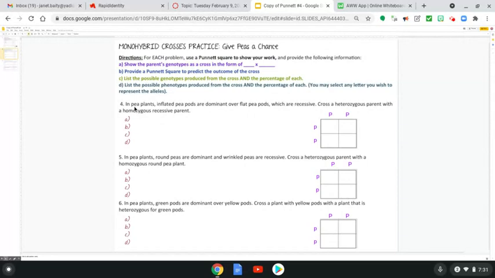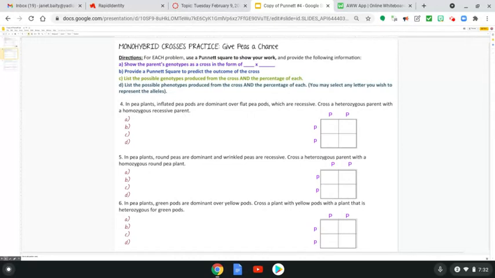Let's look at number 4. In pea plants, inflated pea pods are dominant over flat, which are recessive. Cross a heterozygous parent with a homozygous recessive parent.